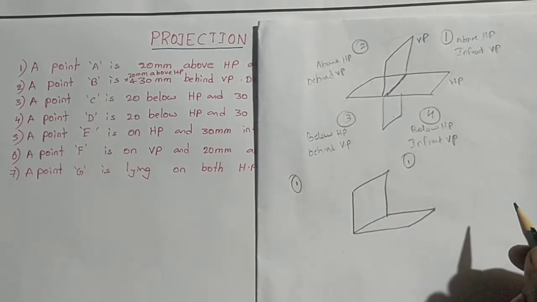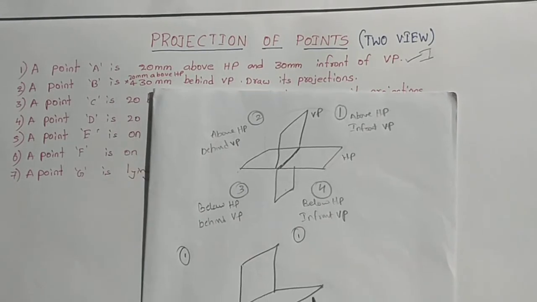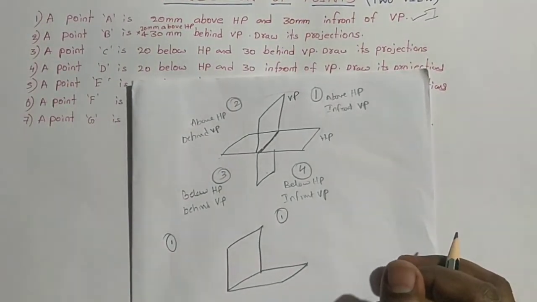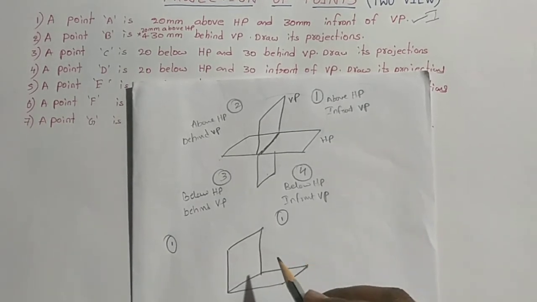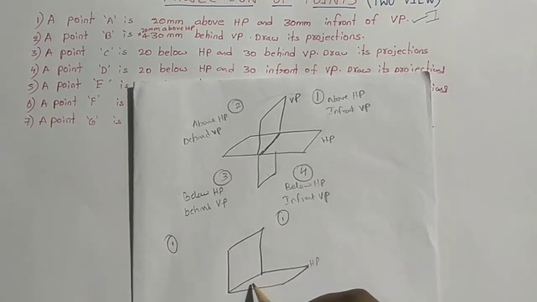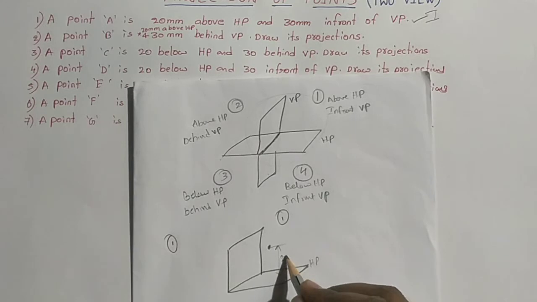Here the given condition is that the point A is located 20 mm above HP. It means from this horizontal plane it is lying 20 mm above HP. Suppose from this point to this point the distance is 20 mm.